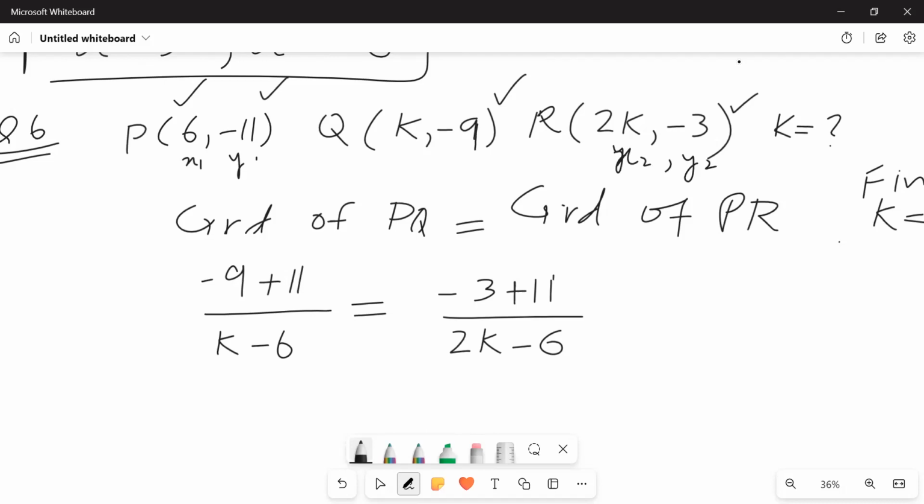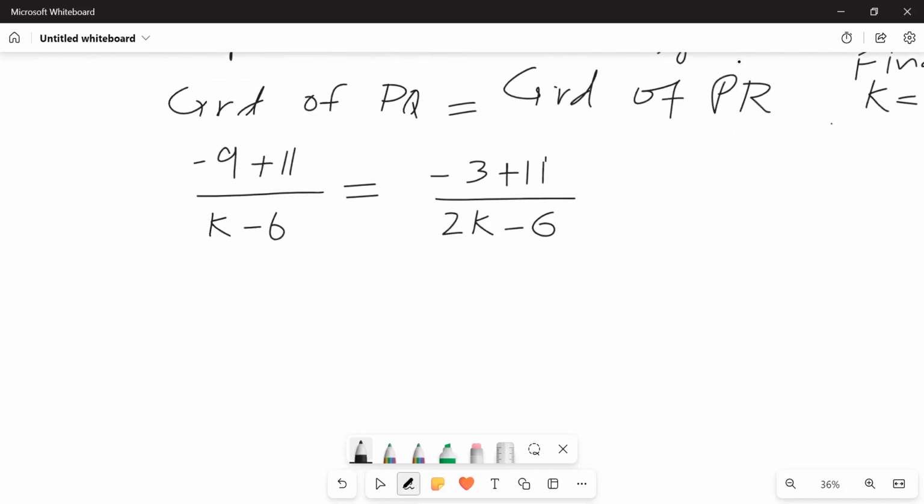Then y2 value is -3 and y1 value is -11, so it will be minus minus plus 11 over 2k minus 6. So the gradient of PQ is equal to gradient of PR.